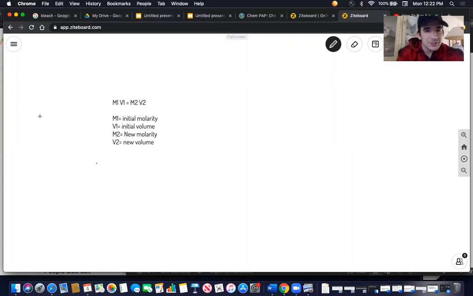So pretty much this equation is saying that as molarity increases, volume decreases, and as molarity decreases, volume increases. So these two things have an inverse relationship, the molarity and the volume.